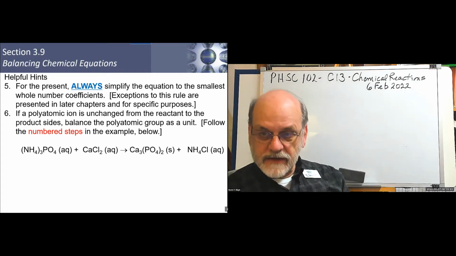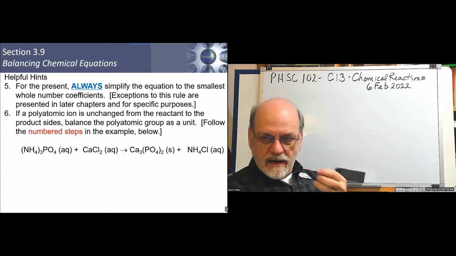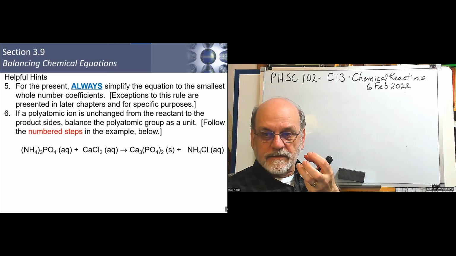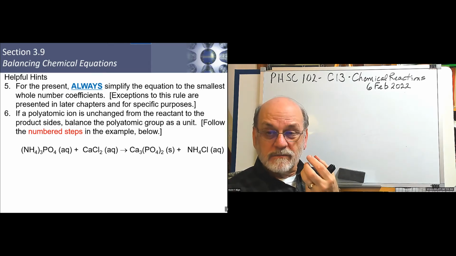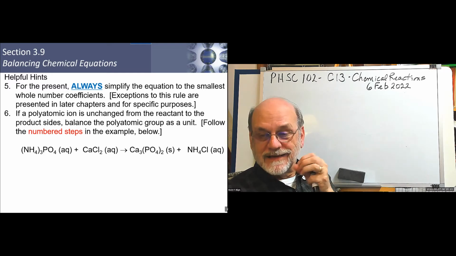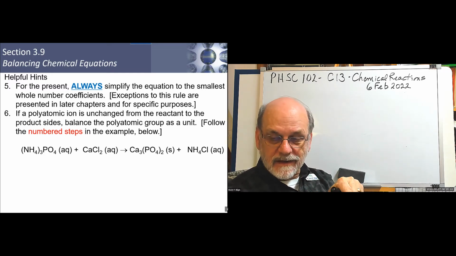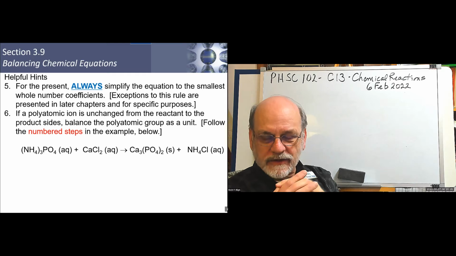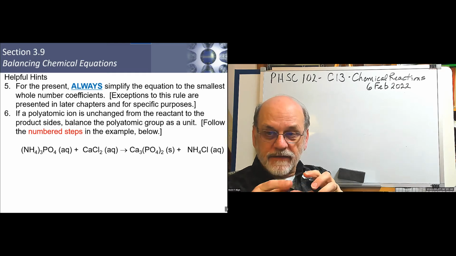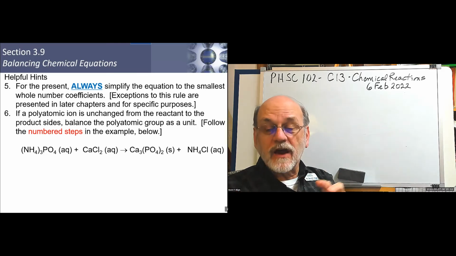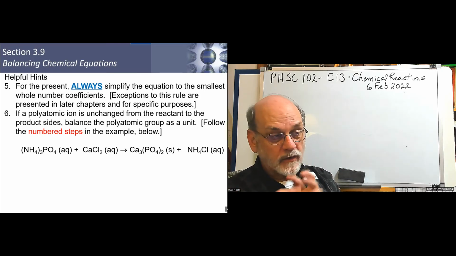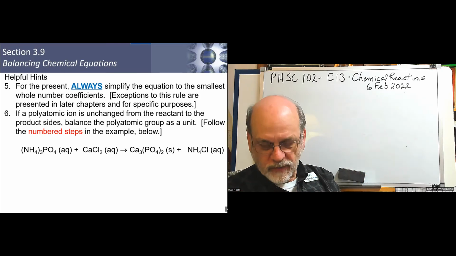Polyatomic ions, as a reminder, are ions that have a charge, obviously, but there's more than one atom in the group. They're bound together in such a way that they share, and the charge is assigned to the entire group. It doesn't reside on any one atom. It's over the whole group.